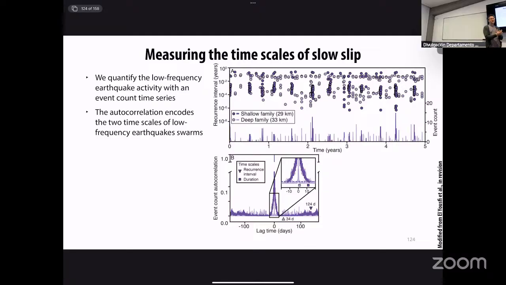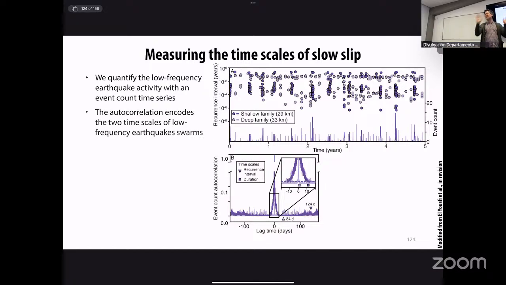Now everything doesn't lie on top of one another perfectly, but it's going to lose power with some sort of decay. And that decay is telling you about the average duration of these different low frequency earthquake swarms. So we can measure that duration by measuring the width of this central peak in the autocorrelation. So that gives us one time scale that we're interested in, measuring the duration.